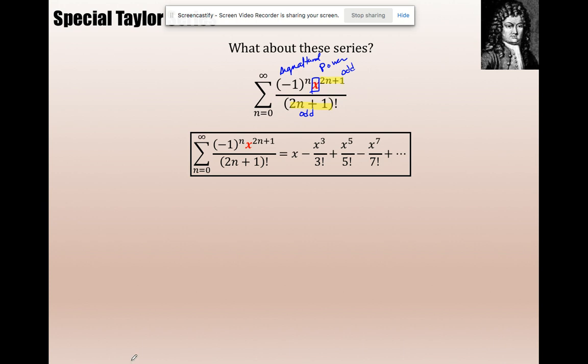And that's what it looks like. Plug in 0, negative 1 to the 0 is 1, so that's positive. X to the 2 times 0 plus 1 is first, so that's x to the first, over 2 times 0 plus 1 factorial, which is 1 factorial, right? And then your signs alternate, and you only have the odd powers.